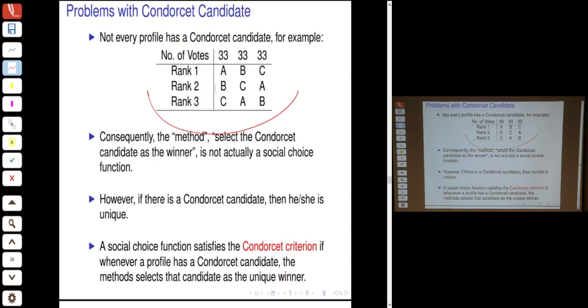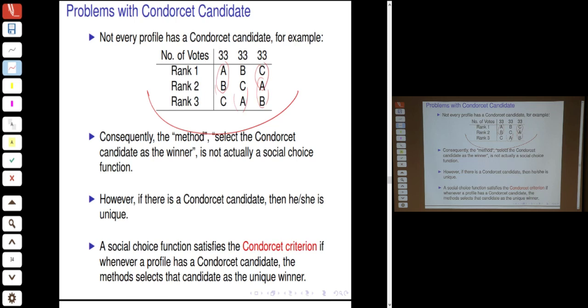this is almost like a cyclic permutation. So A is placed above B, so A is beating B in head-to-head matchups, but if you compare A and C, then C is beating A. So A is not the Condorcet candidate.